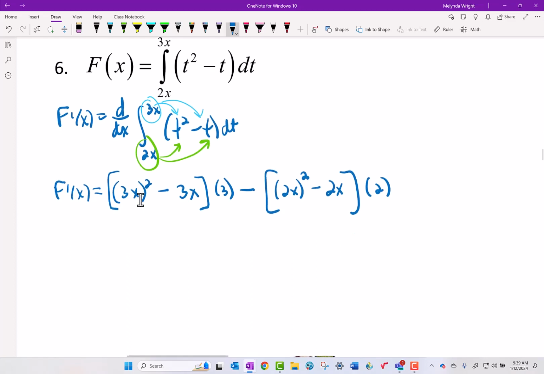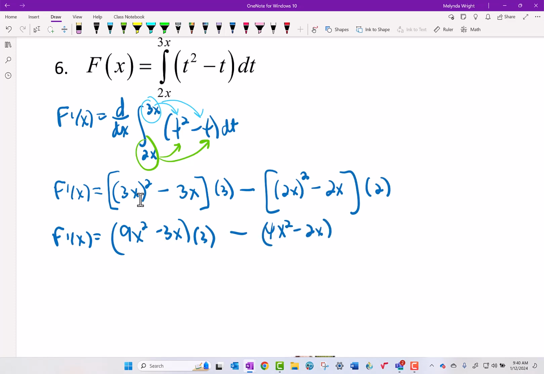Y'all are like, no? You lost your mind? Okay, let's do our algebra. We know this is not 3x squared, it's 3 squared x squared. We know that whole rule. 9x squared minus 3x. I'm going to multiply that by 3 in just a second. Then we've got 4x squared minus 2x, multiplying that by 2.